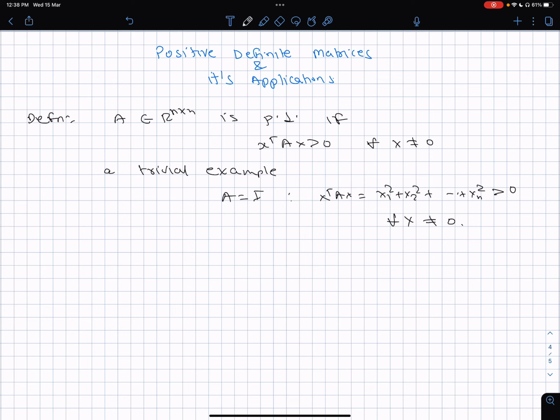And there are infinitely many positive definite matrices simply because alpha times A is also positive definite when alpha is greater than 0, and you can create infinitely many matrices just out of the identity matrix itself.